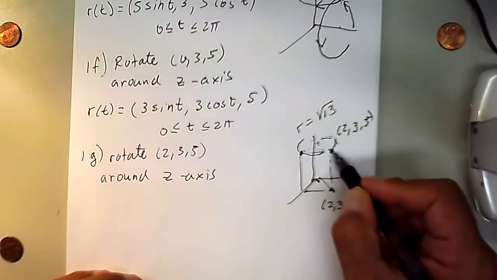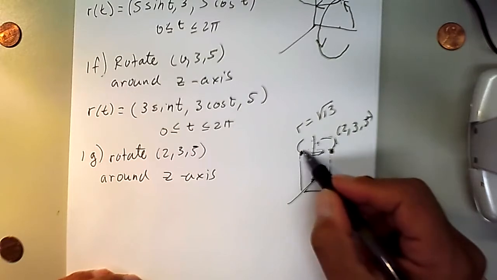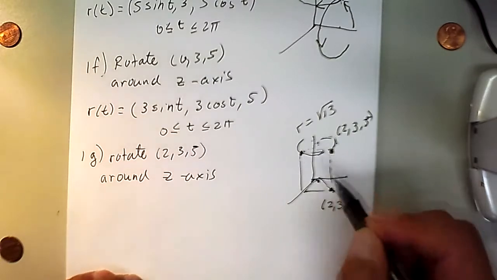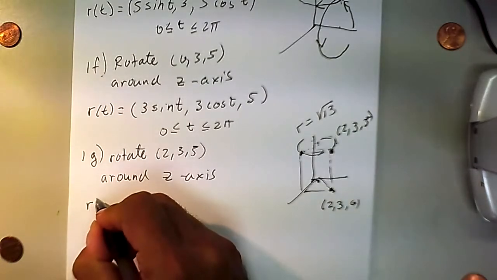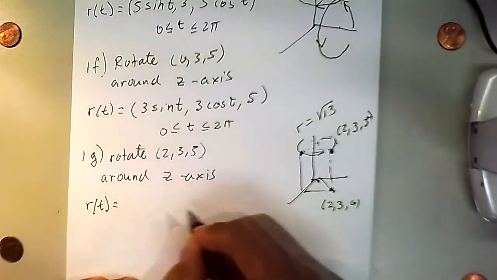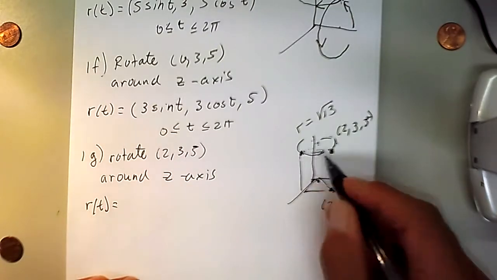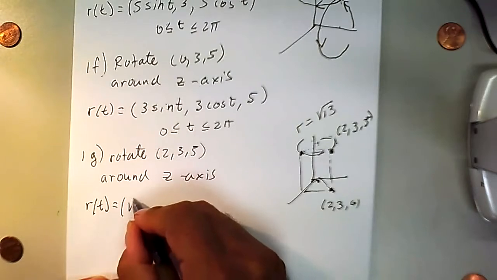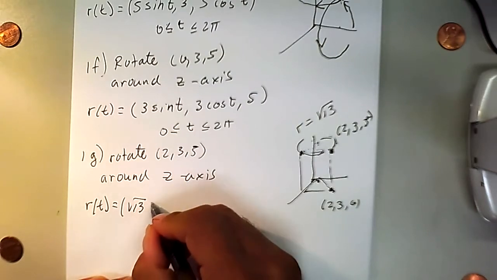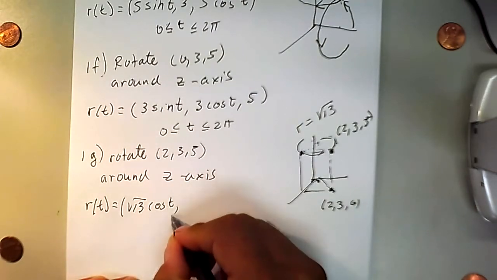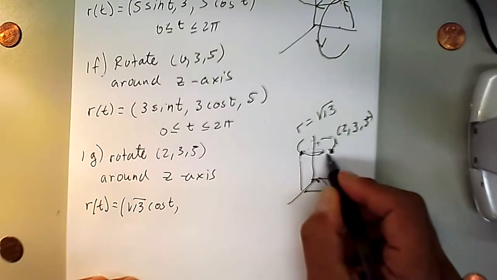So if we want to rotate, starting at this point, not at this point necessarily, one possibility we could do is to have, so we want x to start out with that. So we have square root of 13 cosine t, comma, and then get to here.